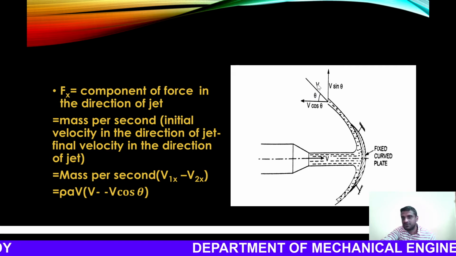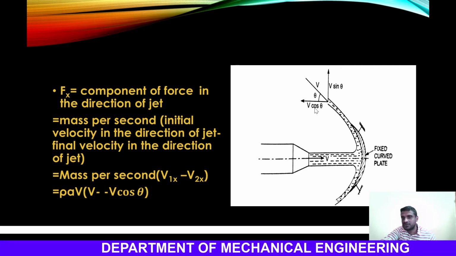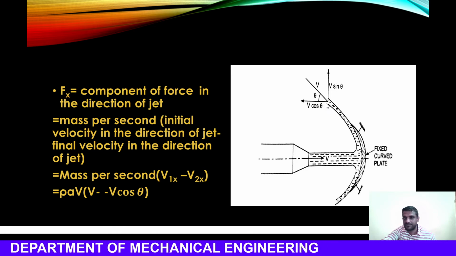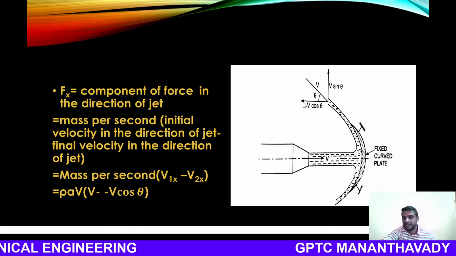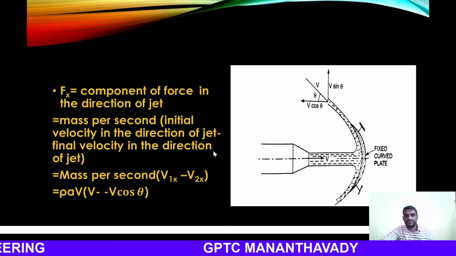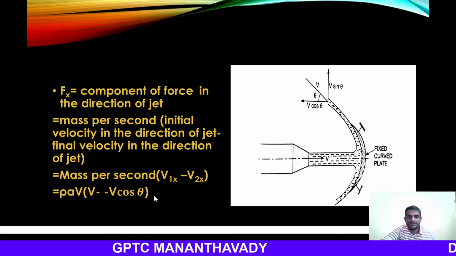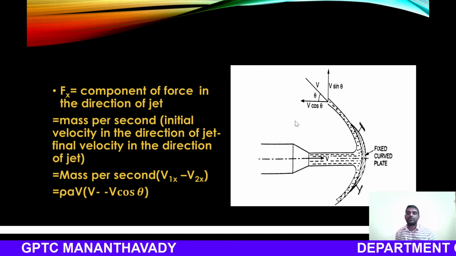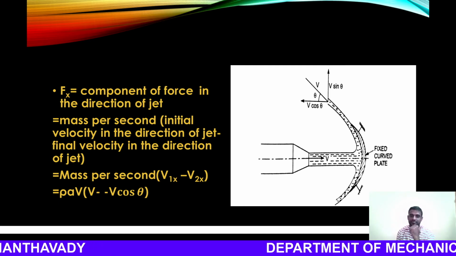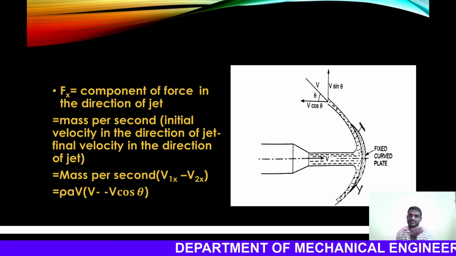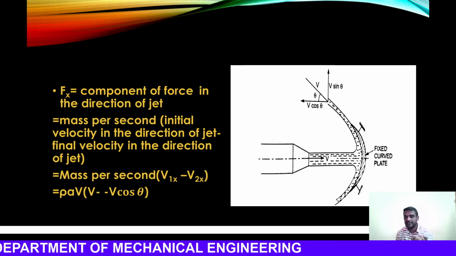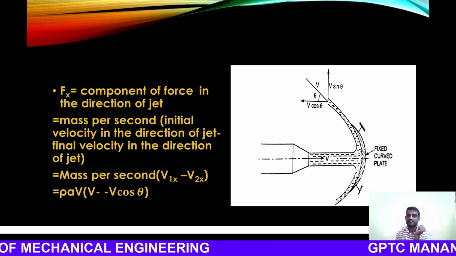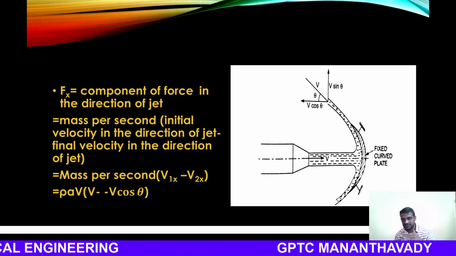If you resolve this velocity into components, the horizontal component will be V cos theta. Here you can see that it is moving in the reverse direction, so it's a negative direction. So we have minus V cos theta as the horizontal component after striking. That is the velocity component of the jet in the direction of jet after striking.